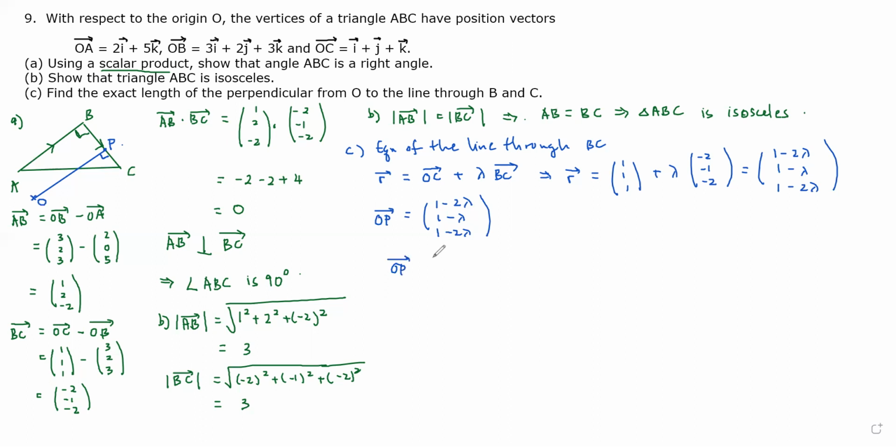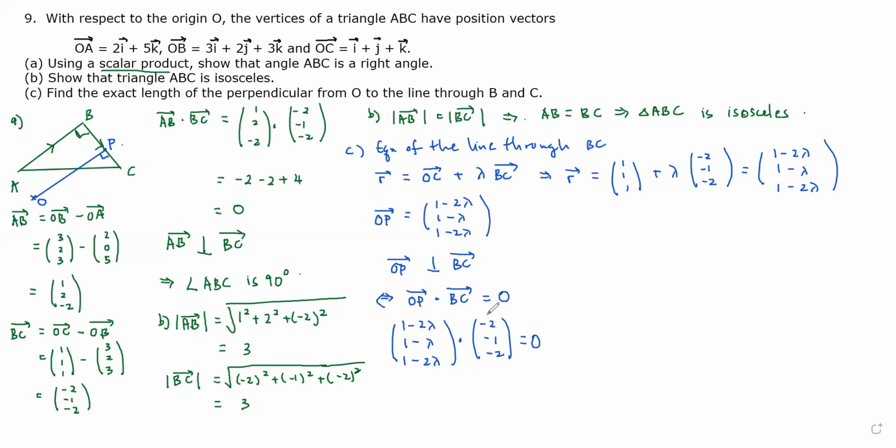OP is perpendicular to BC if and only if the scalar product of vector OP and vector BC is 0. Vector OP is in the form of 1 minus 2 lambda, 1 minus lambda, 1 minus 2 lambda. You need to find the scalar product of this and vector BC, which is minus 2, minus 1, minus 2. We set this to 0.